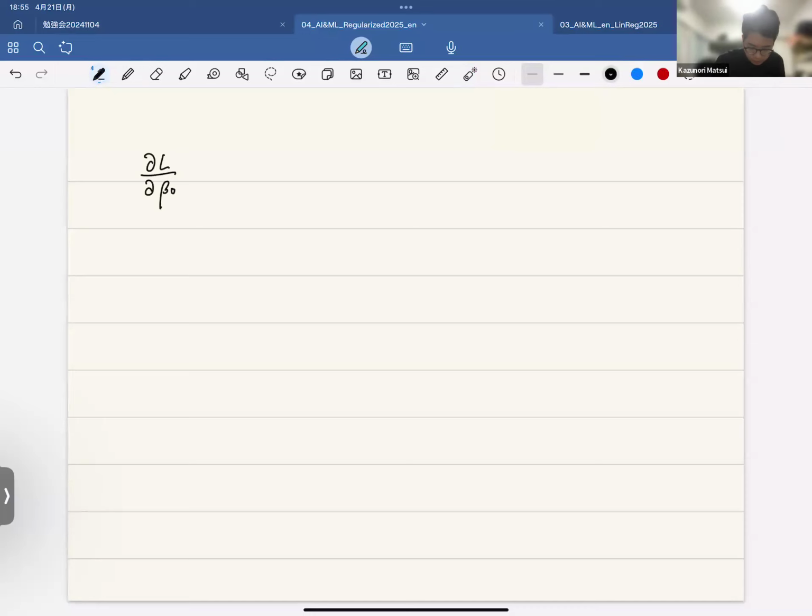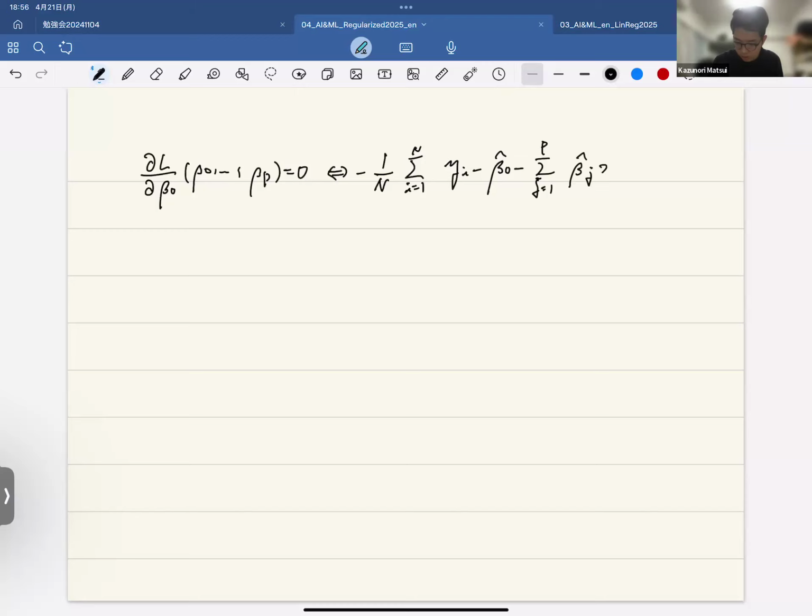The partial derivative with respect to beta 0 is equivalent to minus n times 1 over n, sum of yi minus beta 0 hat minus sum over j of beta j hat xij, equal to 0.